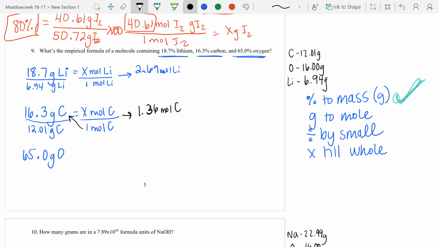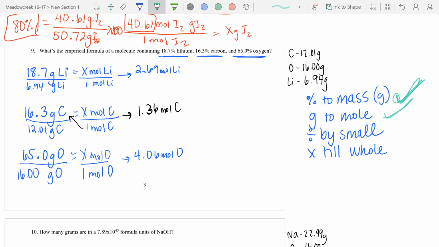We're going to do the same down here for oxygen. We set it equal to X moles of oxygen, divided by 1 mole of oxygen, and oxygen's molar mass is 16.00 grams. So 65 divided by 16 gives us 4.06 moles of oxygen. So we have done step number 2.